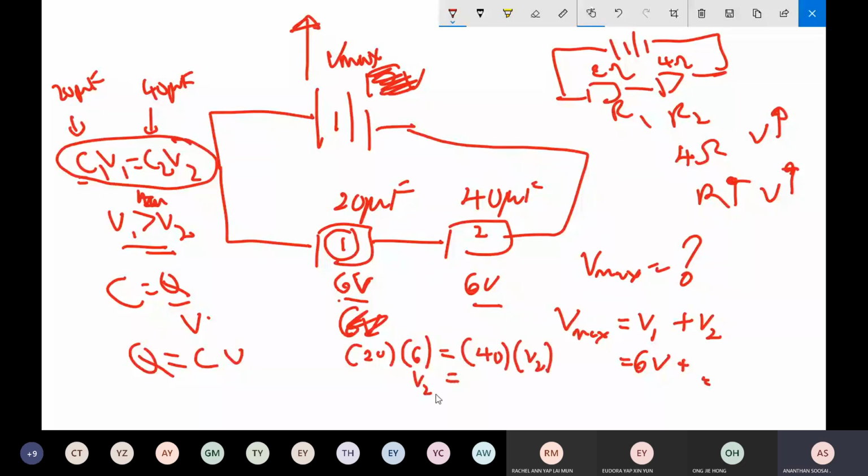So you can find the V2. V2 is 3 volt. So V max is 9 volt.